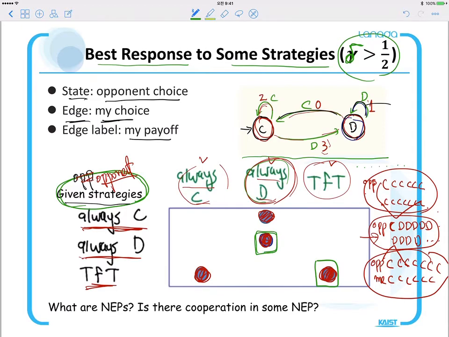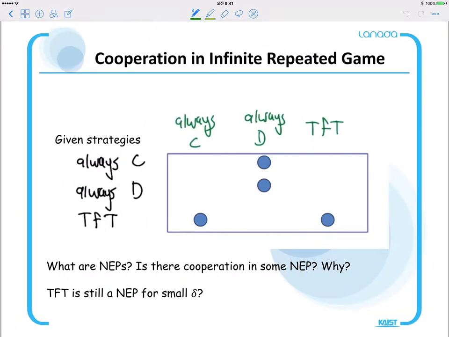So this is a Nash equilibrium: always D, always D, or T for 10, T for 10 is a Nash equilibrium, because it's the best response to each other. Okay? So those are the Nash equilibriums, as I mentioned before.